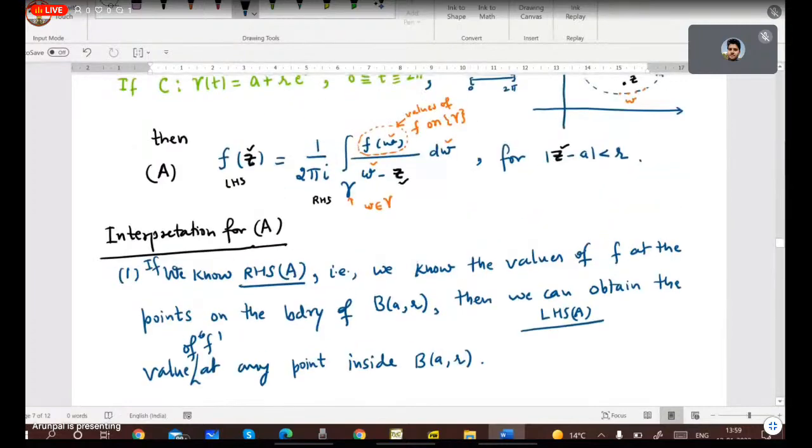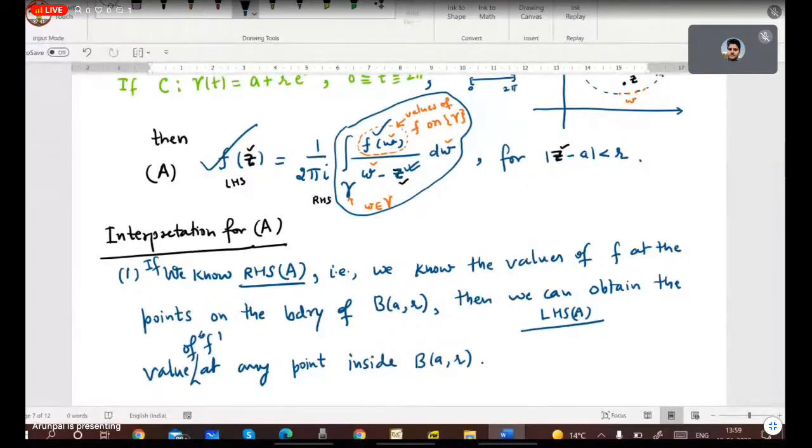Isn't it, class? Because once you know the value of this expression, then certainly you will get this, which is nothing but the value of f at whatever point you want to determine; you use the same point here. Is this okay, class?